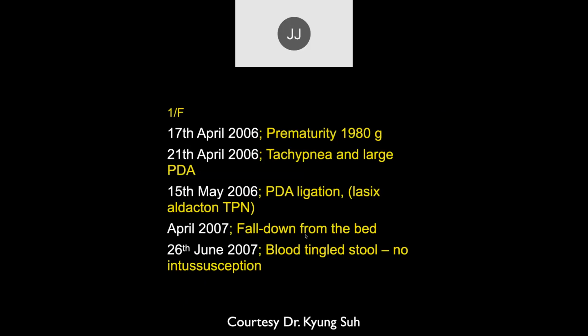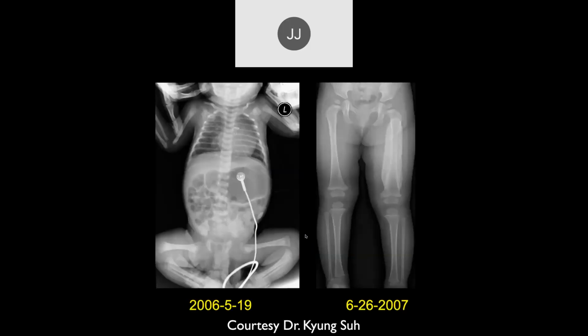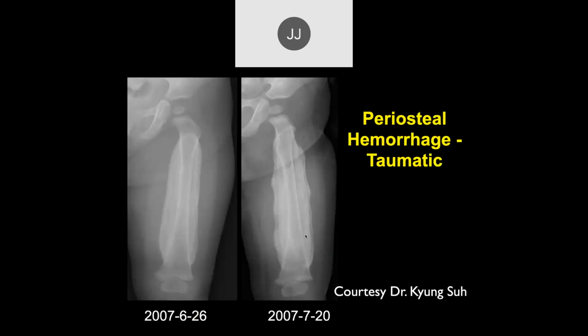I happen to have a case many years ago with a broken femur, and the mother claimed that the infant fell out of the bed. The infant was 6 months old, and there's no way that the baby could have fallen out of the hospital bed.